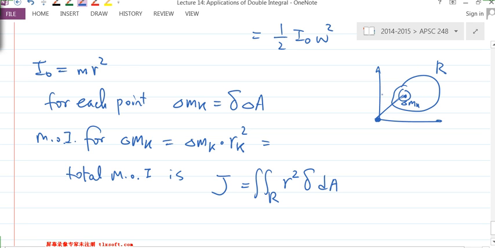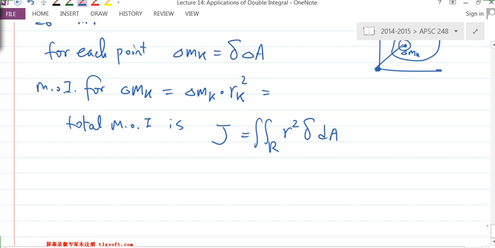The axis of rotation is perpendicular to the page, right? Now I'll show you another one. We use I if the axis of rotation is in the same plane as the cross section. Is that clear? That's basically J equal to this.